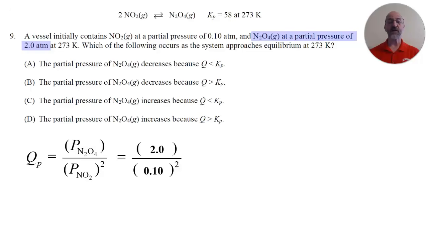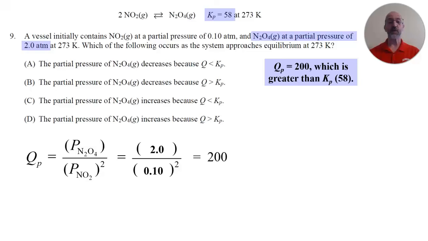And so when I do that math, I get 200. Now, how does 200 for the value of Q compare with the value of K, which is 58? So unlike the previous problem, question 8, where Q was less than K, here in question 9, we can see that the value of Q is actually greater than the value of K.